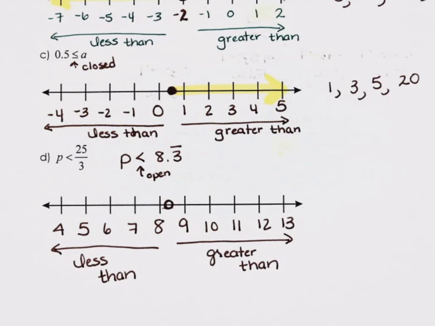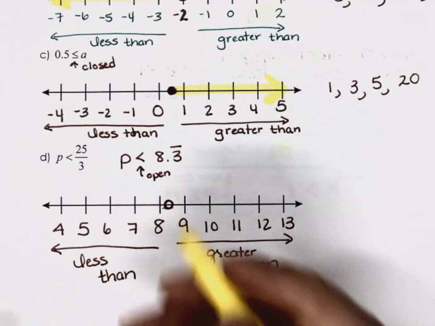Do I go to the left or do I go to the right? P is less than 8.3. Left or right? Where are my less than numbers? They're left, so I'm going left.